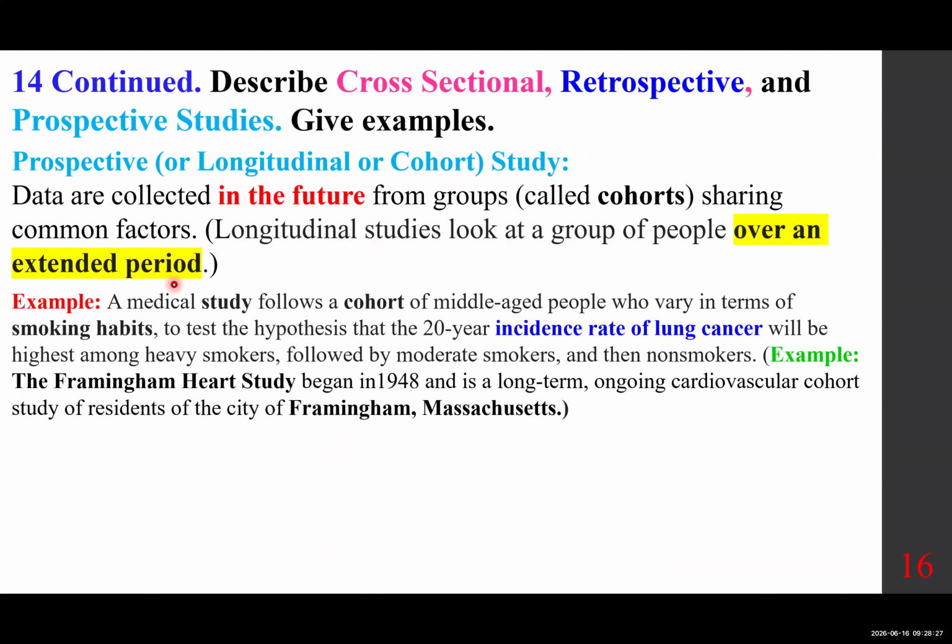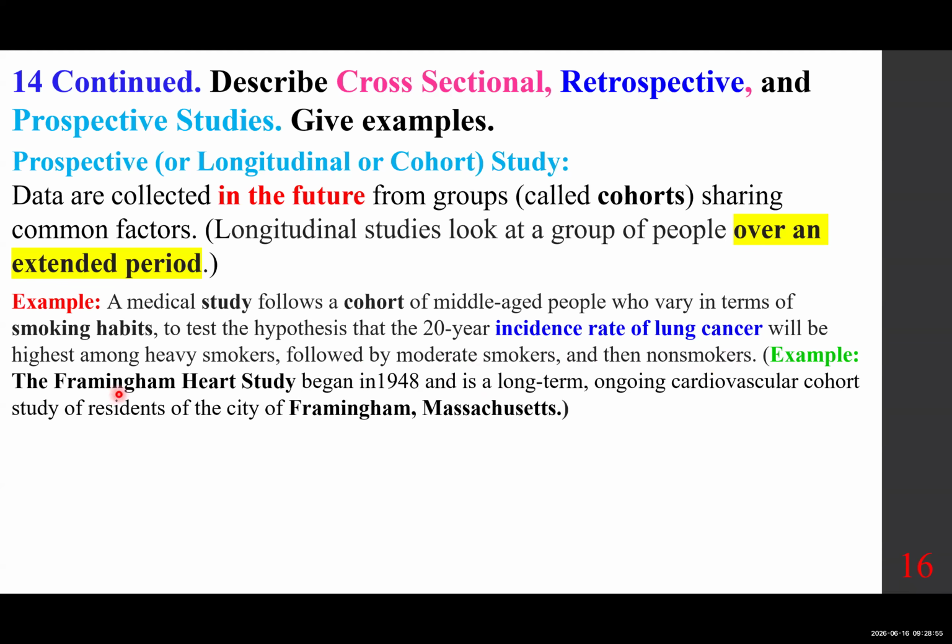A couple of examples: a medical study follows a cohort of middle-aged people who vary in terms of smoking habits to test the hypothesis that the 20-year incidence rate of lung cancer will be highest among heavy smokers, followed by moderate smokers, and then non-smokers.